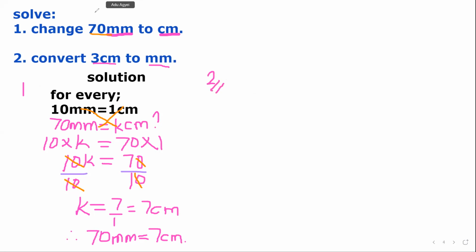Good. So for the question 2, you need to state the difference between the centimeters and millimeters here.